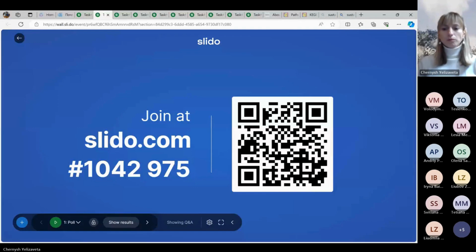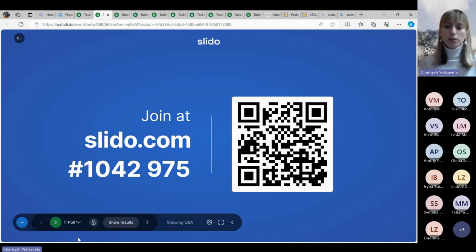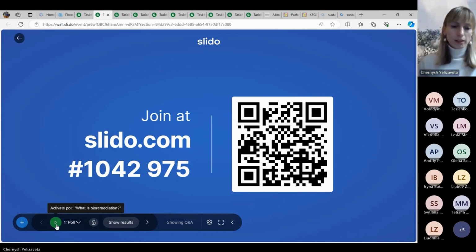I'm sharing my screen, and on this screen you see a QR code. It is also an important part of our work together, because there is a lot of information, and we need some systematization of this information for ourselves. And in such a conversation, we can do this very carefully.